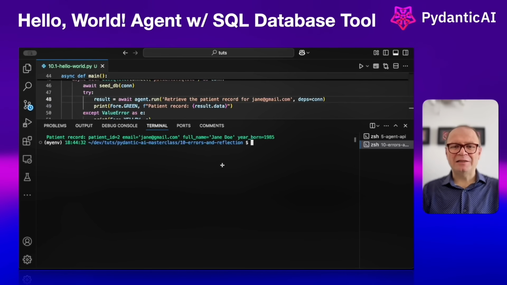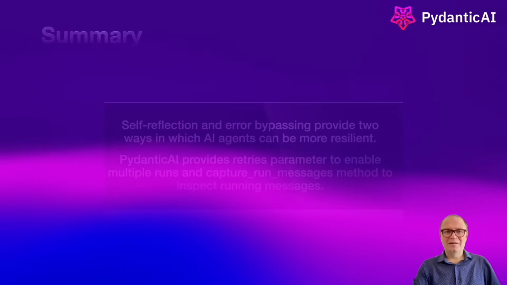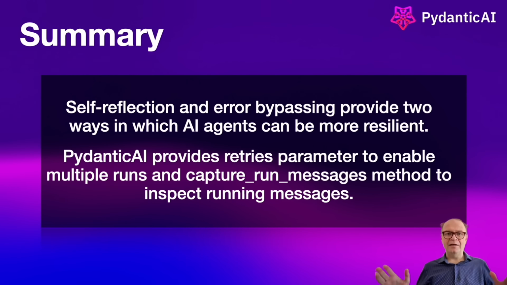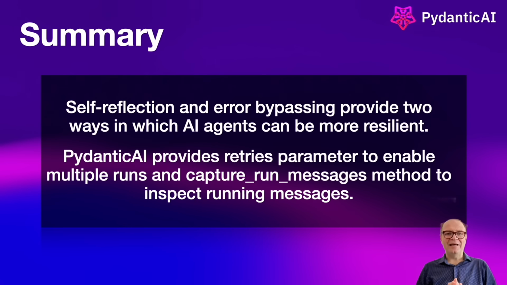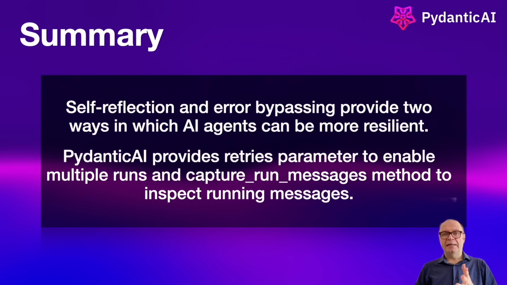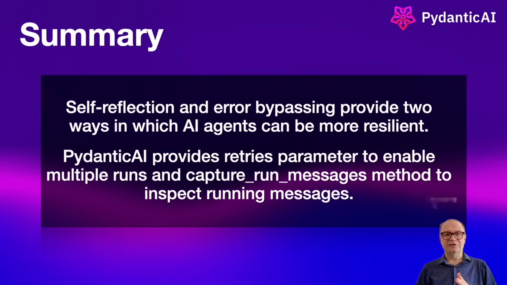Okay, so that was our first Hello World example. Now let's move on. Self-reflection and error bypassing provide two ways in which agents can become more resilient. PydanticAI provides retries parameters to enable multiple runs at the agent level, at the tool level, and at the results validation functions level.